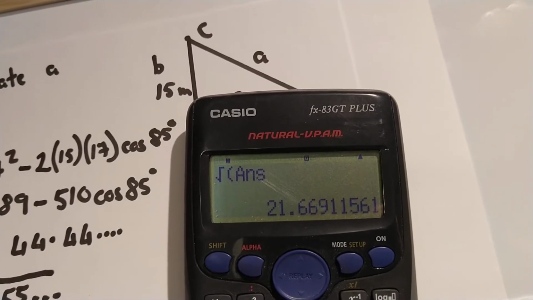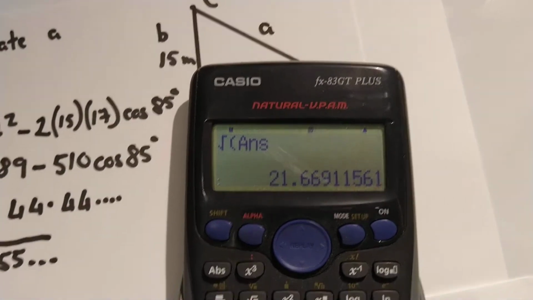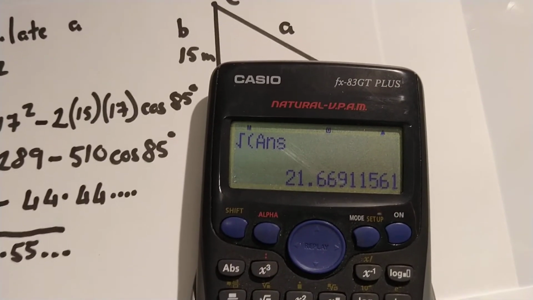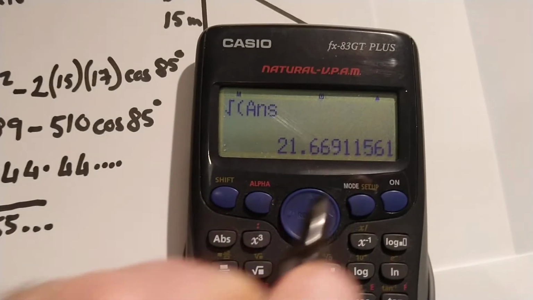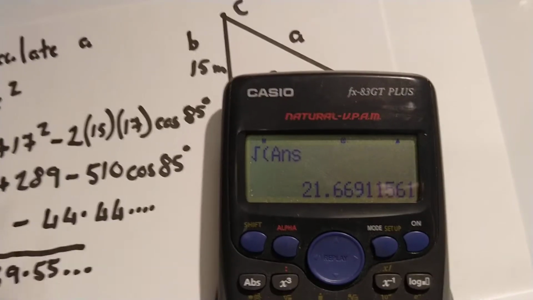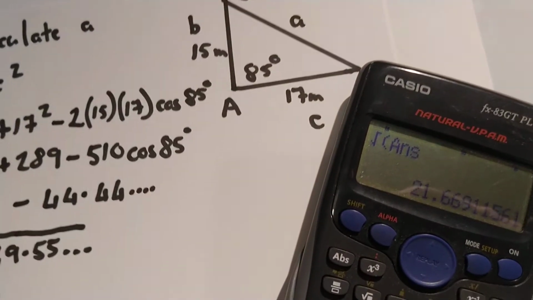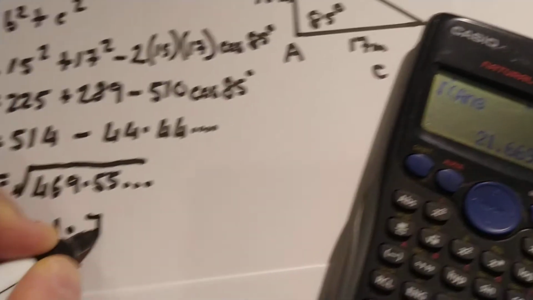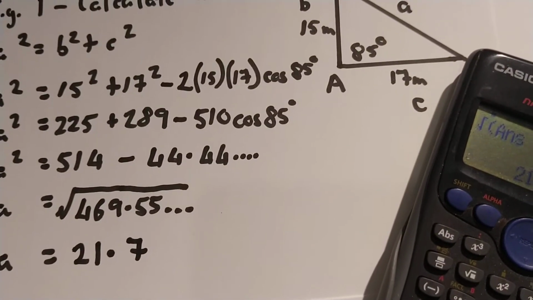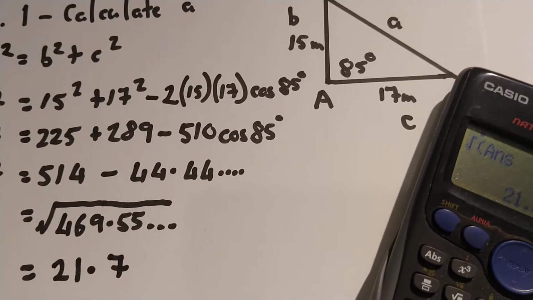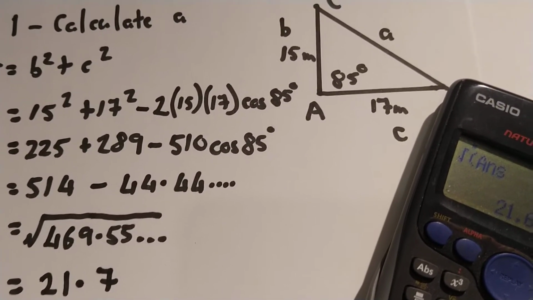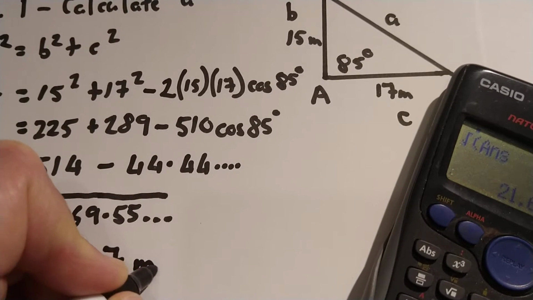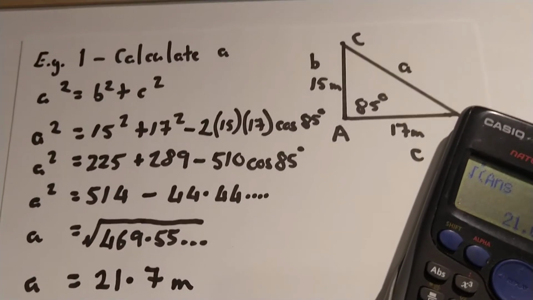And now I can take this and round off and say, there we are, 21.67, or indeed just one decimal place more than here, 21.7, which is also accepted there. So 21.67 or 21.7. Do round off in the end, but only at the end. Don't forget your units, and the question's done.